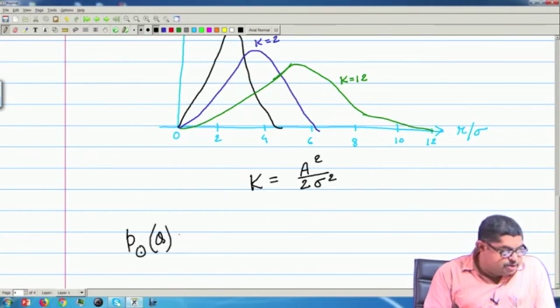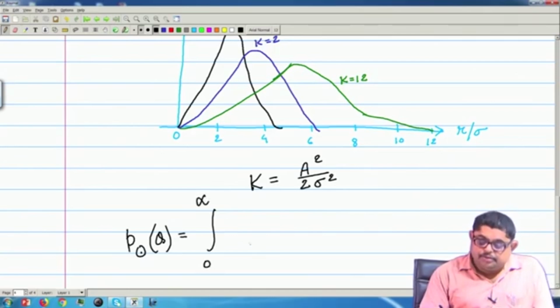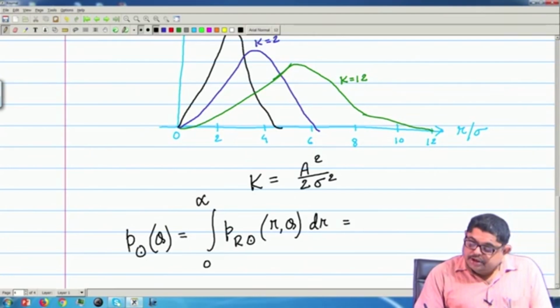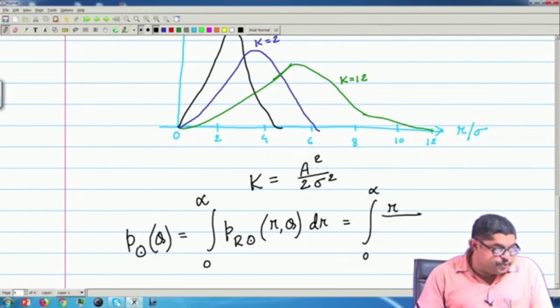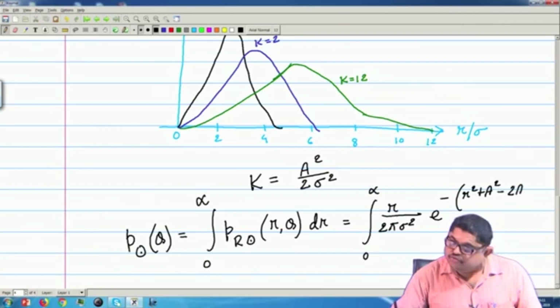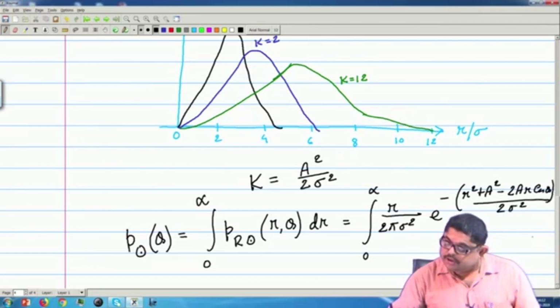P theta, again from the joint distribution P r theta, you integrate over the whole range of the envelope variation, dr. So, that means you have 0 to infinity r by 2 pi sigma square e to the power minus r square plus s square minus 2 a r cos theta by 2 sigma square dr.